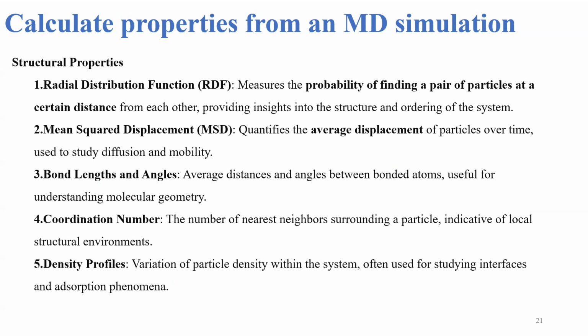The displacement of each atom can also guide you to calculate diffusion or mobility of the atoms. Using mean square displacement, you can also calculate bond length and angle changes, coordination number changes, basically how many nearest neighbors we have in a particular chemical or local environment, and density profile.